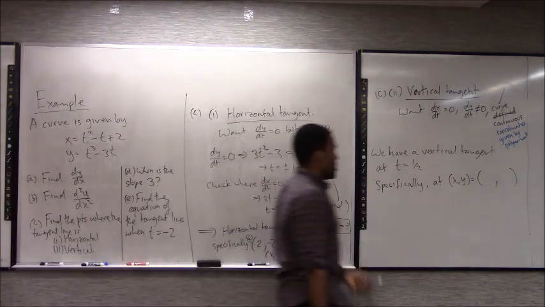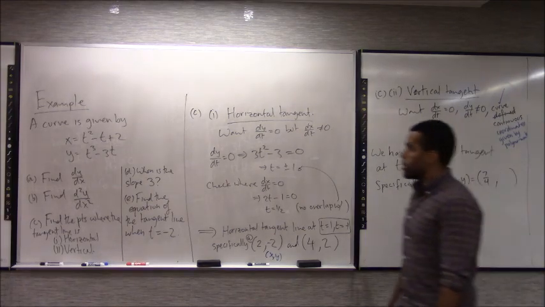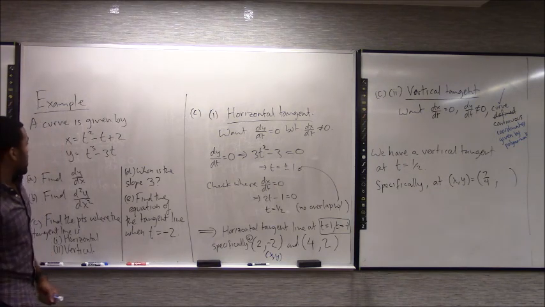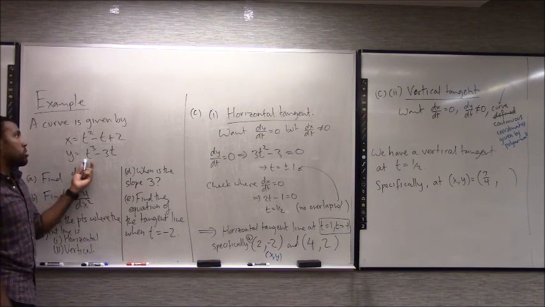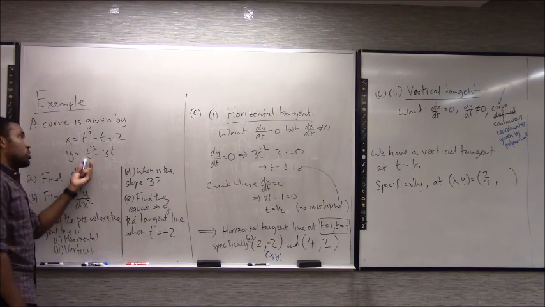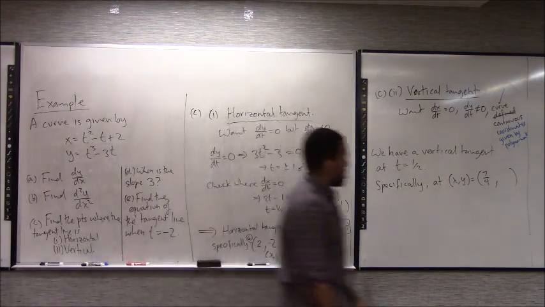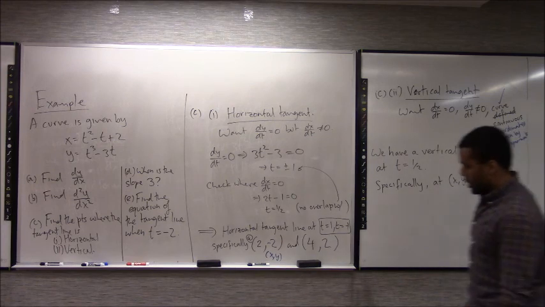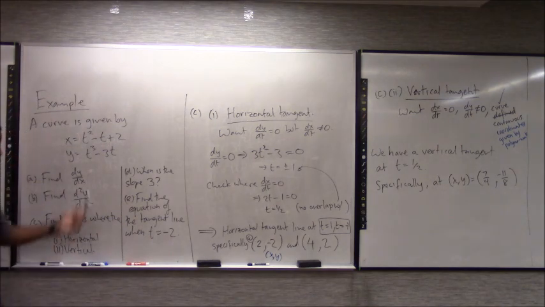What is that, 7/4? And if I plug in a half here, that's going to be 1/8 minus 3/2. 3/2 is 12/8. So it's 1/8 minus 12/8, minus 11/8. So at that coordinate, we'll have a vertical tangent line. Whatever this graph looks like, I don't know.